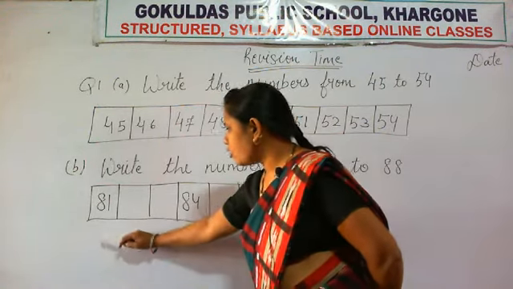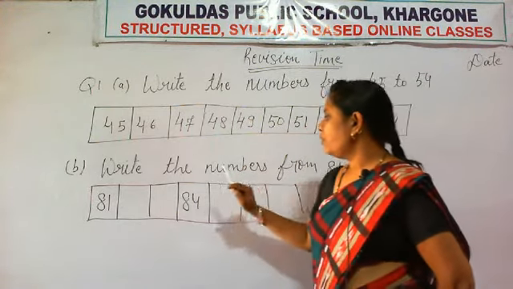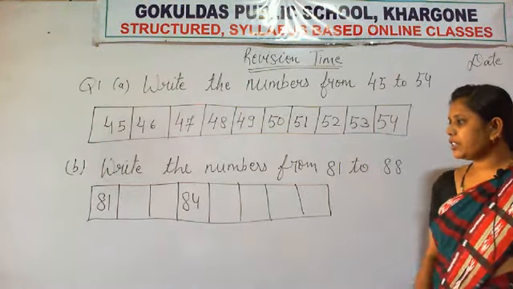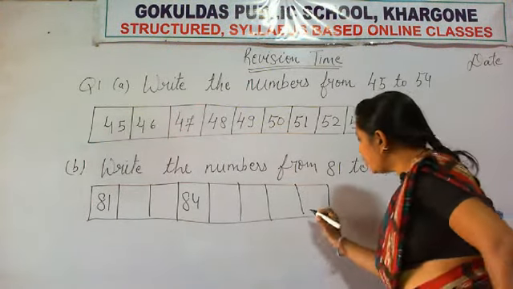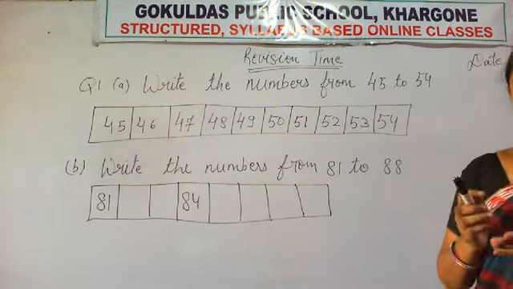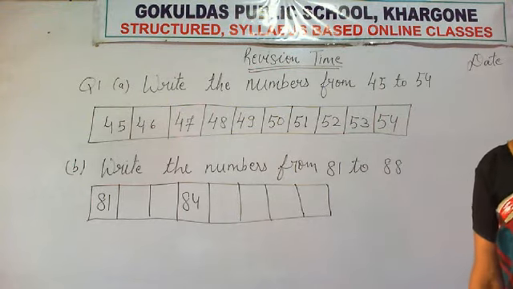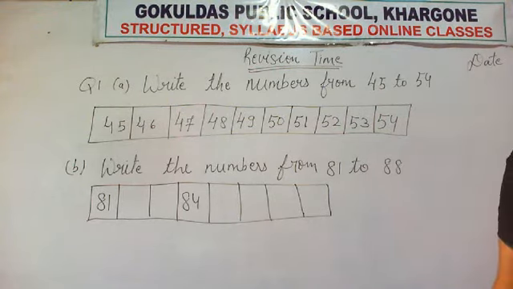In this question, two numbers I have already written, 81 and 84, and what you have to do is fill in the box with the missing numbers, and till 88 you have to write the numbers. That means 8 numbers you have to write. Now check your answers.